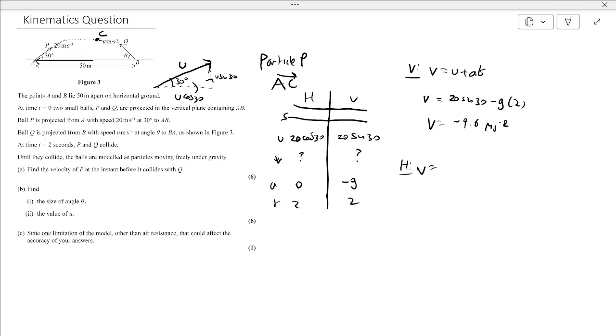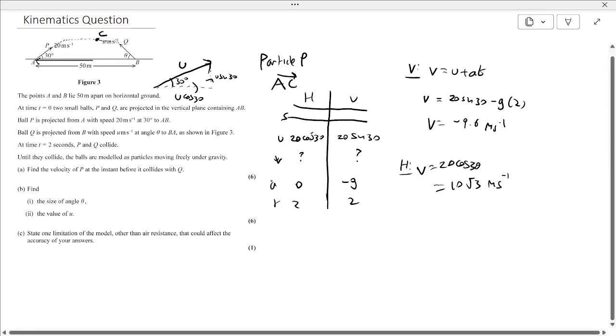So the velocity is 20 cos 30, and cos 30 is root 3 over 2. That gives you 10 root 3 meters per second. Why did I put meters per second squared here? That should just be meters per second. My mistake. There we go.